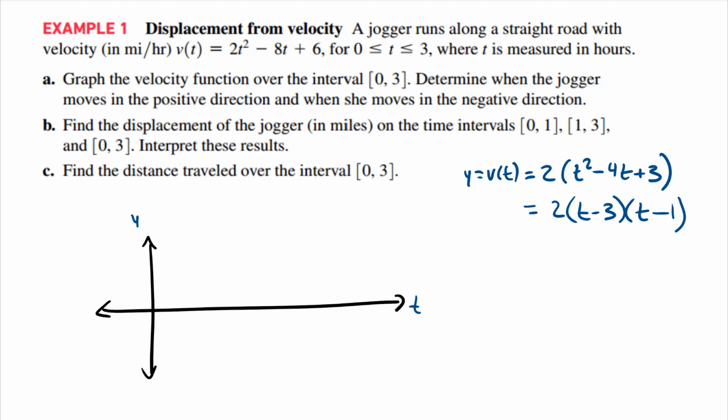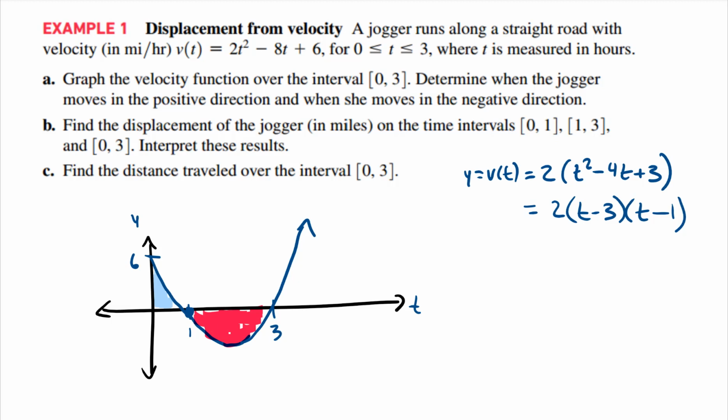It's facing up, and it's got intercepts at 1 and 3. Let's call this 6. It takes off like that. So what this means is we have a positive displacement here, but we're also going to have a negative displacement down here.